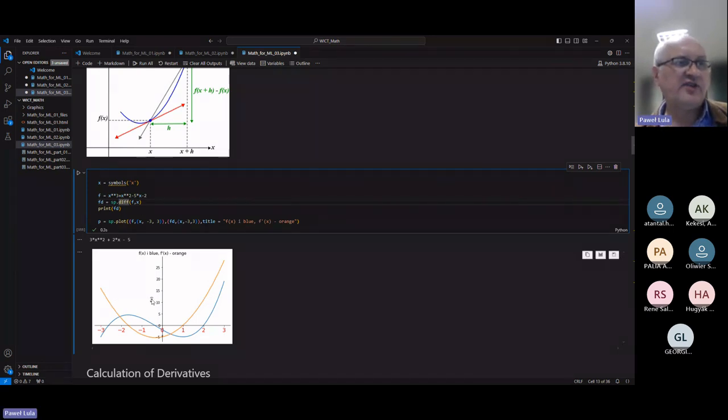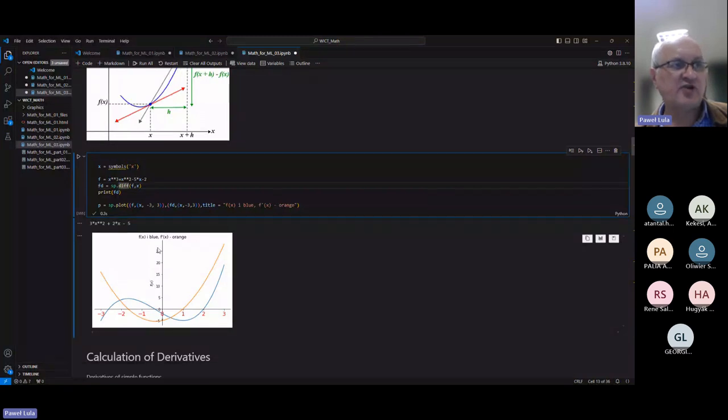And on this graph, I presented these two functions. The blue line is here, and the derivative is represented by this orange line. So for every x value, we can find a value.